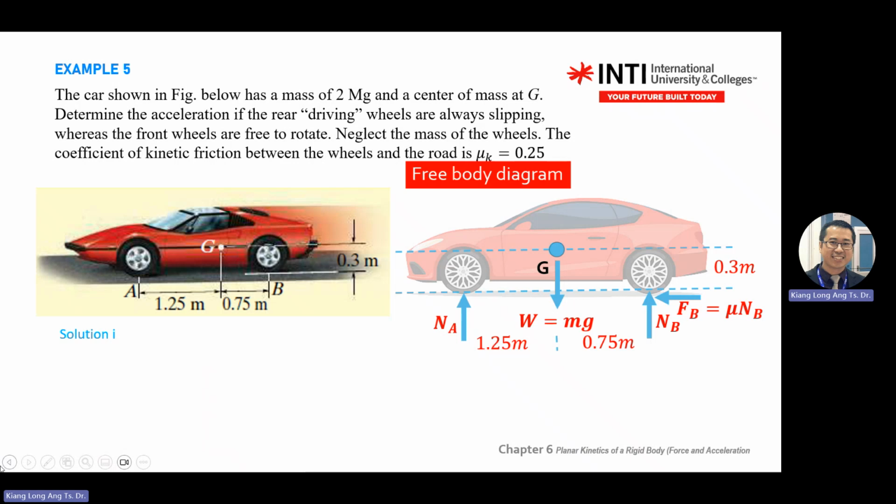If this wheel is rotating like this, the slipping direction of the wheel is pointing towards the right, so friction is pointing this way. The keyword here is always slipping, and do not say that the wheel is locked. If the question says the wheel is locked, then it's pointing to the right hand side.